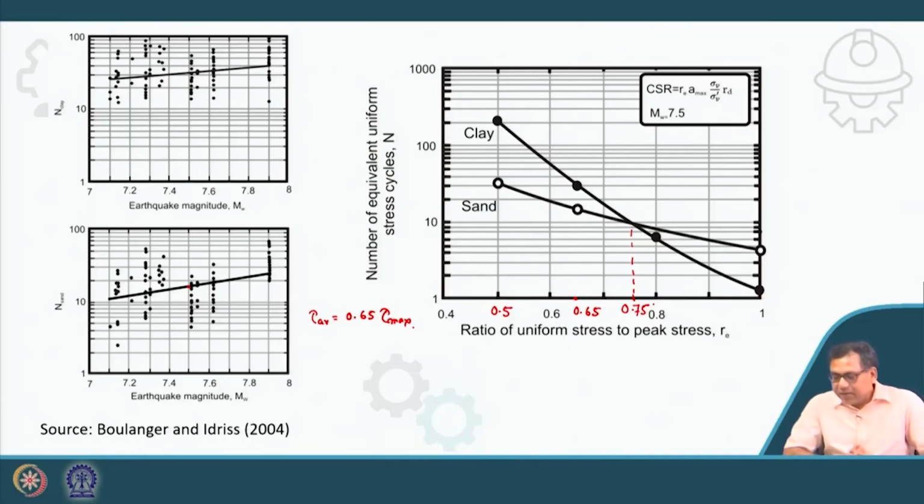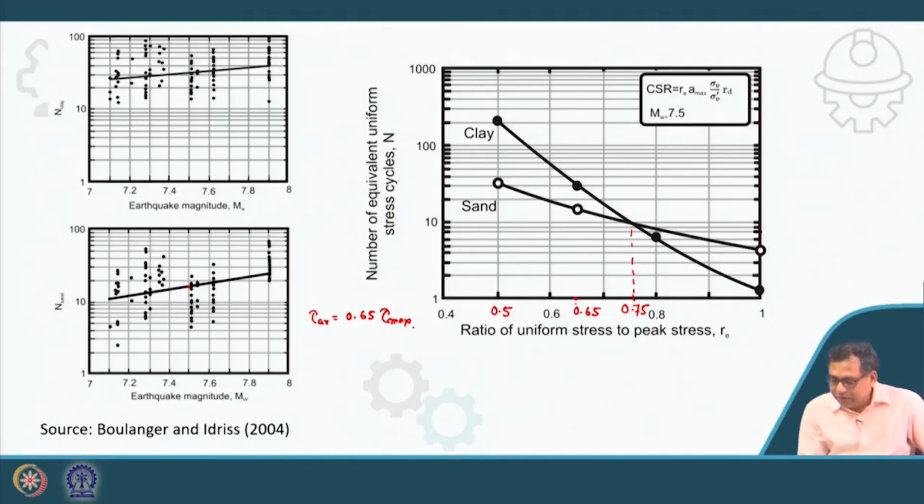But if the tau average is greater than 0.75 times tau max, then the number of uniform stress cycles in sand is more than in clay.